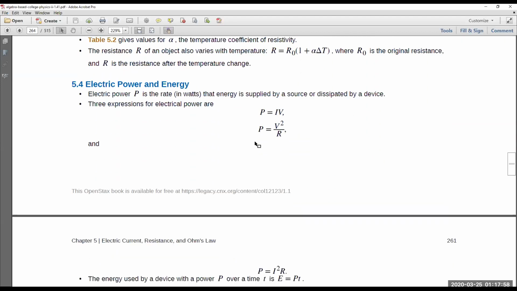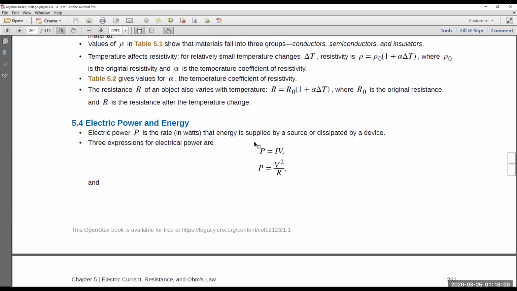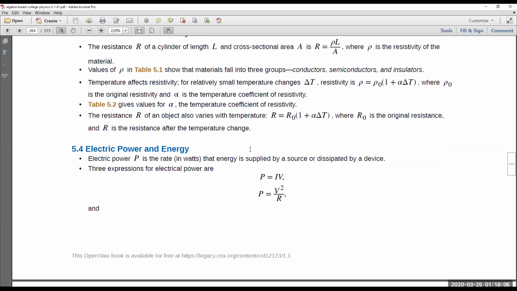And then electrical power and energy. The power supplied by a source or the power dissipated by a device is simply the product of the current and the voltage.